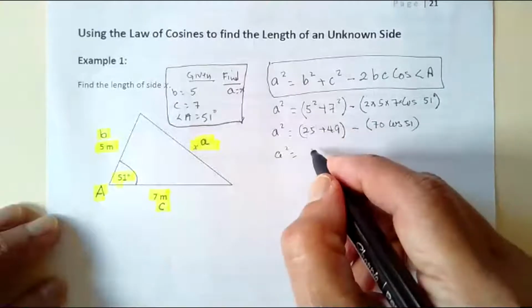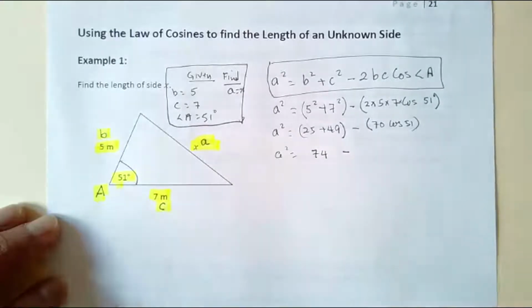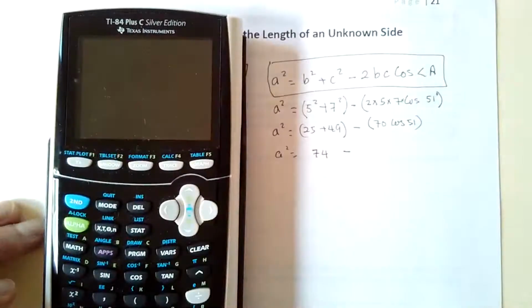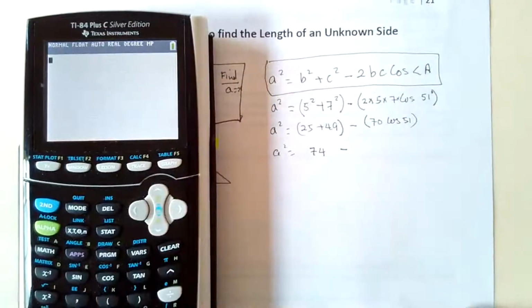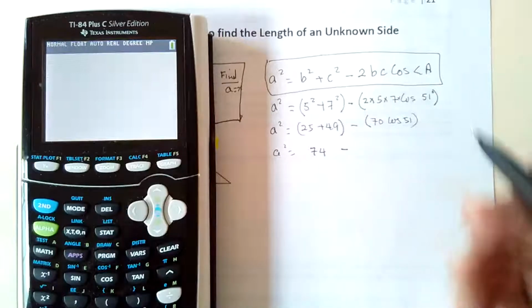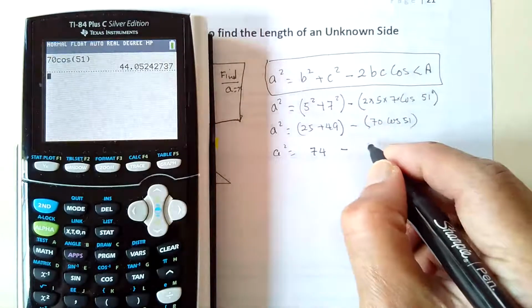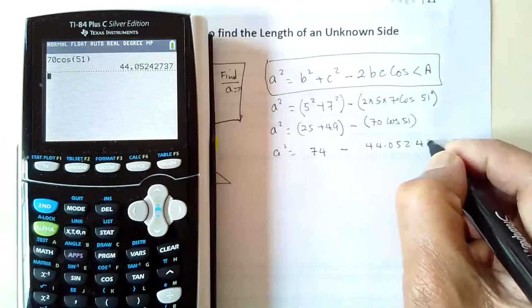We simplify 25 plus 49, 74. Now we need a calculator for the next part. So 70 cos 51. 44.052427.